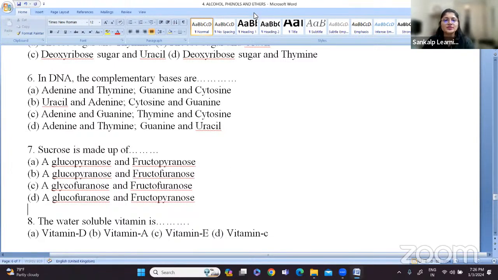Sucrose is made up of what? Sucrose is a naturally produced plant sugar which is composed of one molecule of glucose and one molecule of fructose.